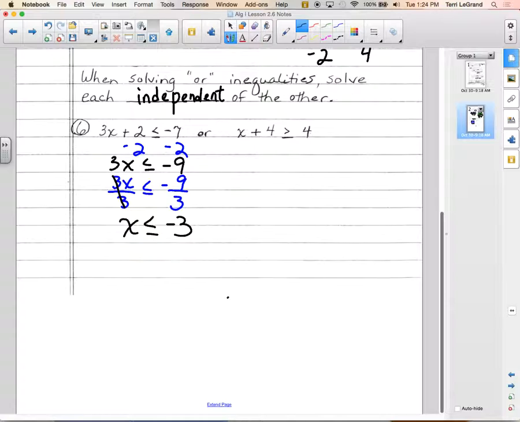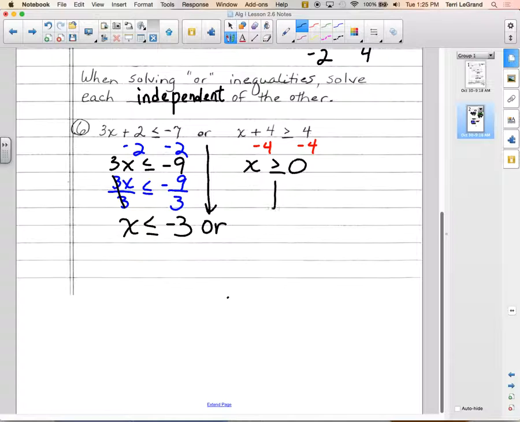Okay, we're going to bring down the or. That's part of our solution. Or, what are we going to do in the next one to solve it? Subtract 4. After we subtract 4, x is already by itself, and we have 0. X is greater than or equal to 0.